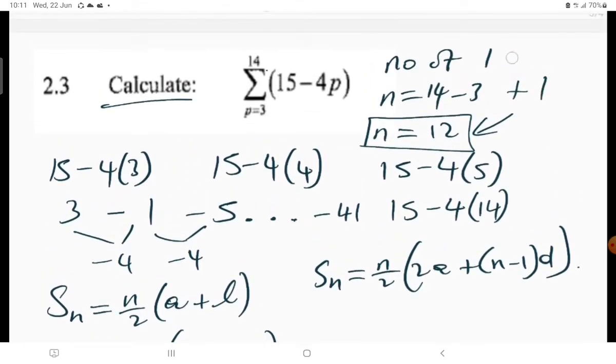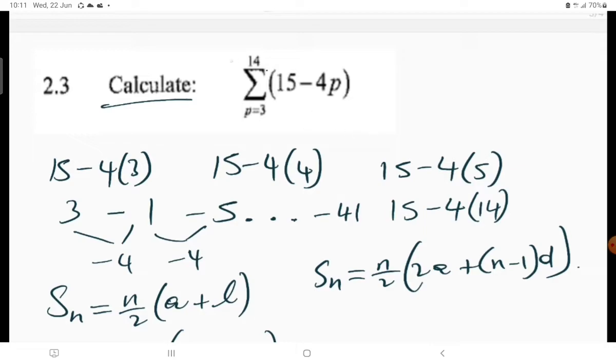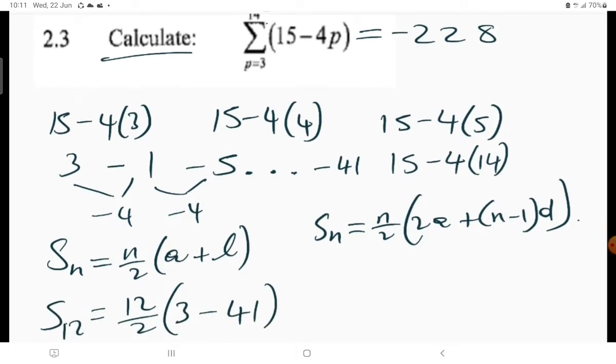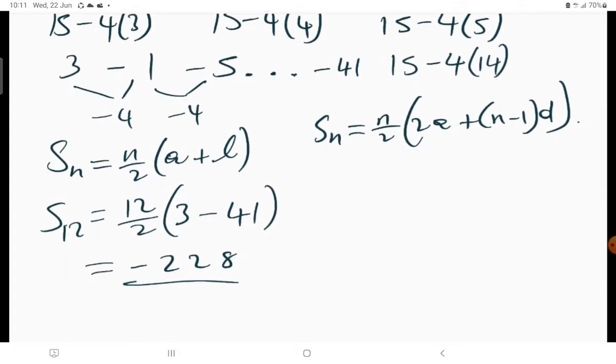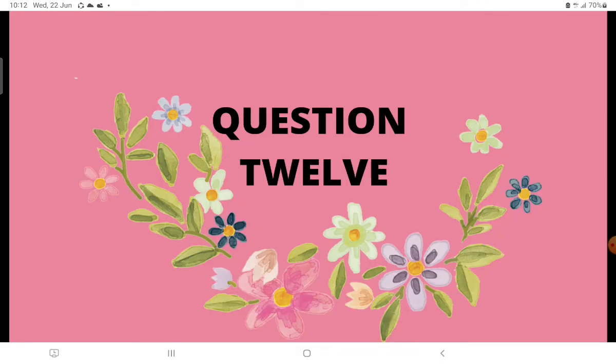So this whole thing over here is just equal to negative 228. So we did calculate the sum of that. This is how we approach sigma notation things to calculate the sum if it's given that way. So see you in the next question.